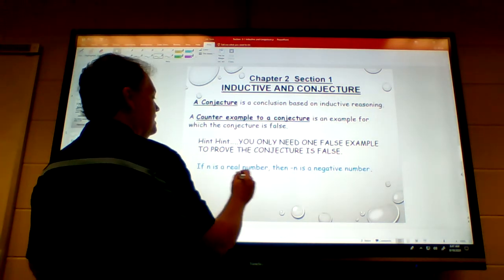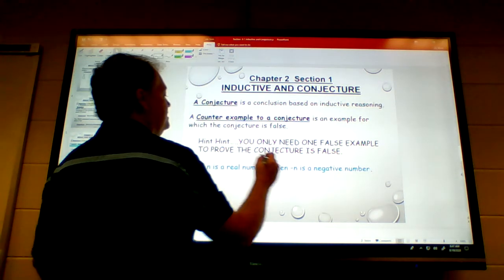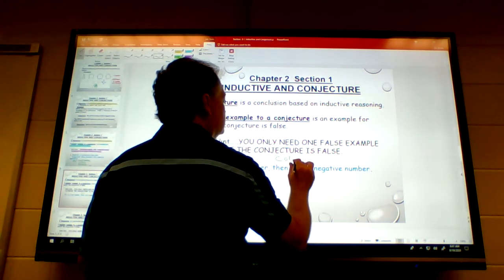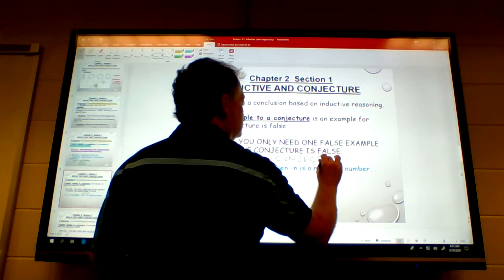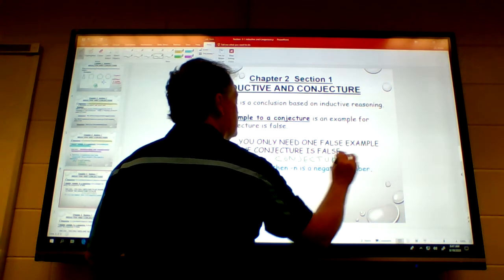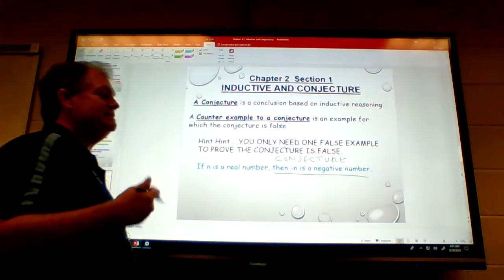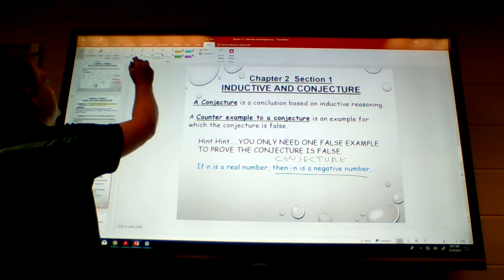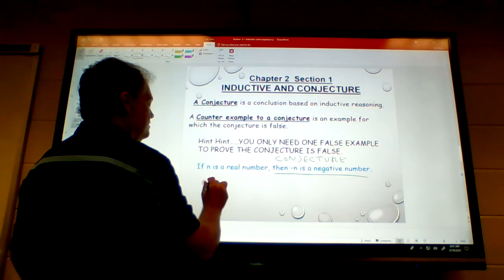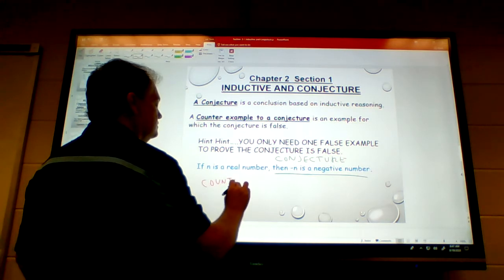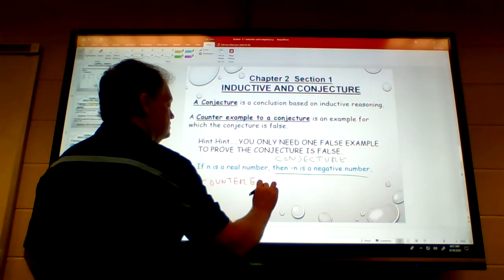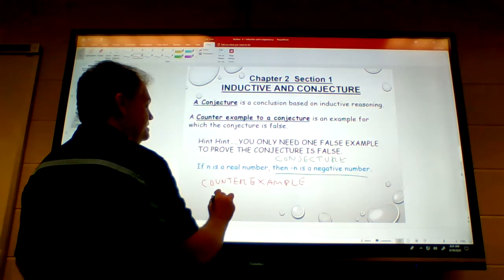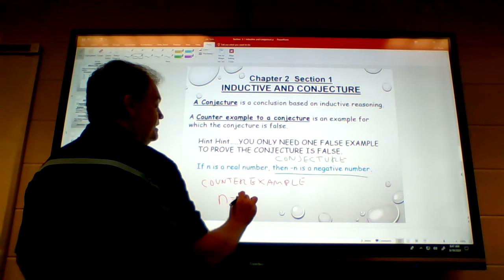So the conjecture is actually right there. That's the conjecture. Then n is a negative number. Well, I need one counterexample. The counterexample is this. Here's the counterexample. What if n equaled -2?